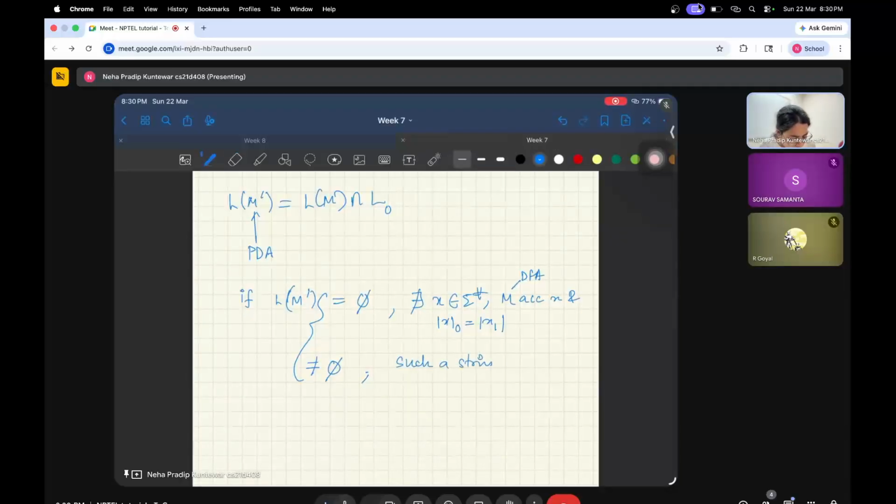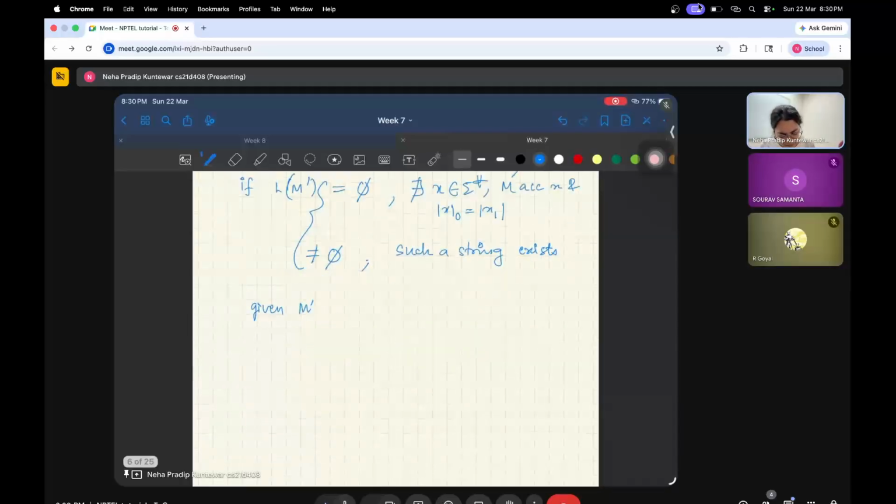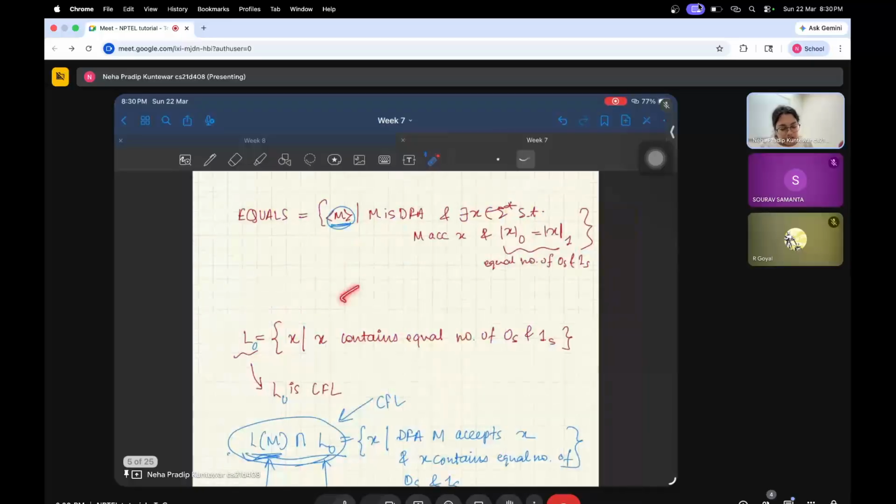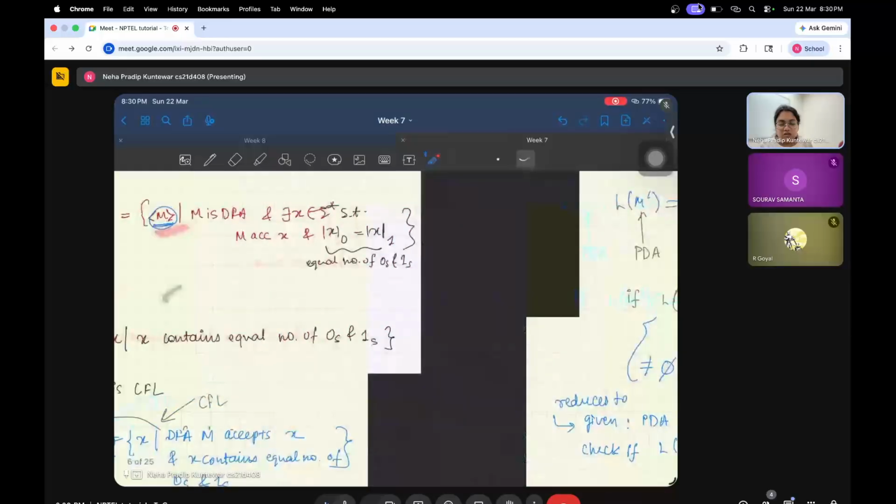Is this fine? Yes. Then all we want to do is, given M prime, ask for emptiness checking. So this problem reduces to the following: given a PDA M prime, check if L of M prime is empty or not. If it is empty, then we know that the answer to this is yes. If it is not empty, then we know that the answer to this is no.